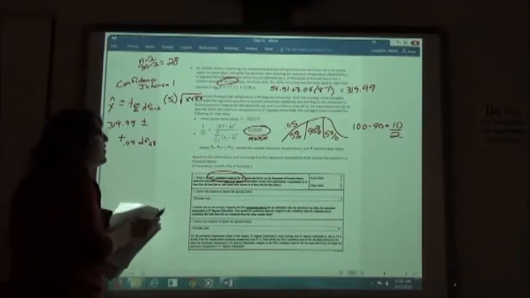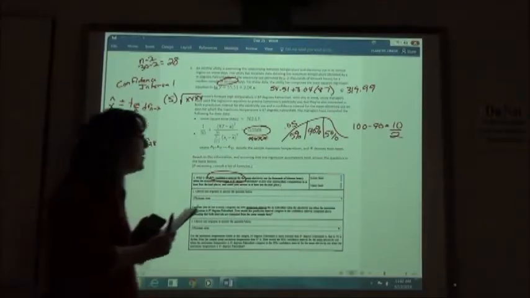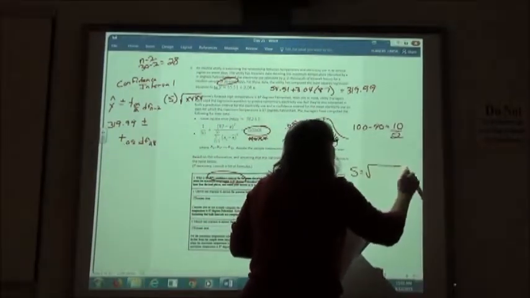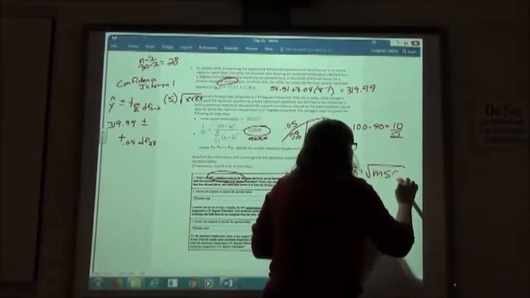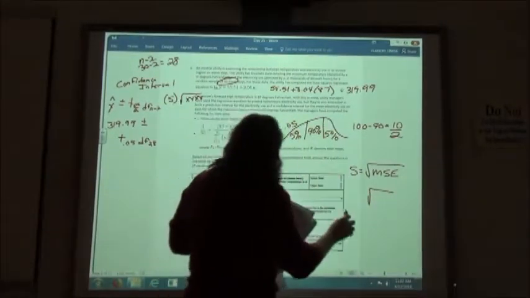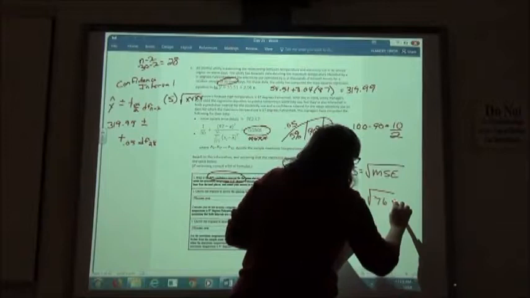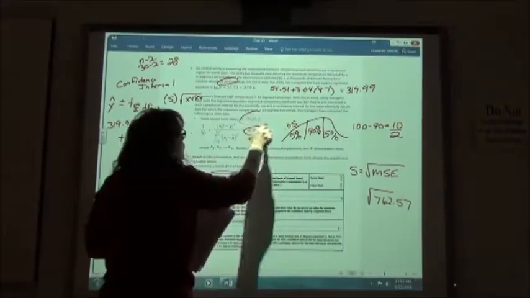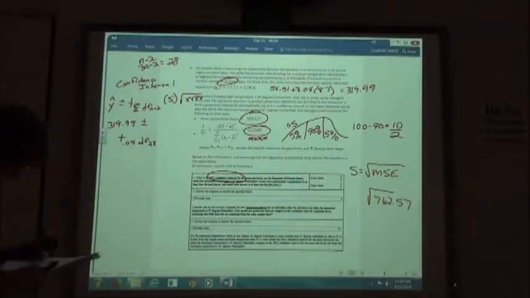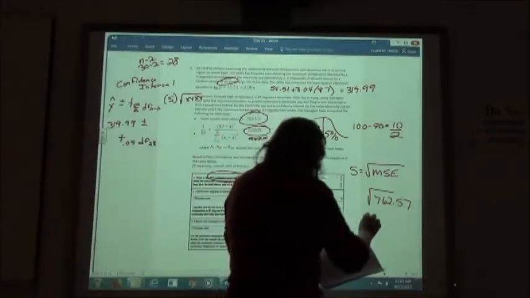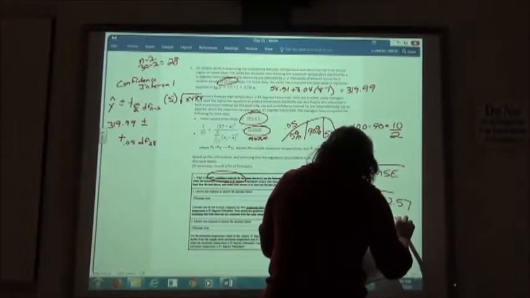Now I have to find my S value that I have to multiply by. Remember that the formula for S was the square root of the MSE, the mean square error. So we're going to do the square root of 762.57. The square root of 762.57 is 27.614.